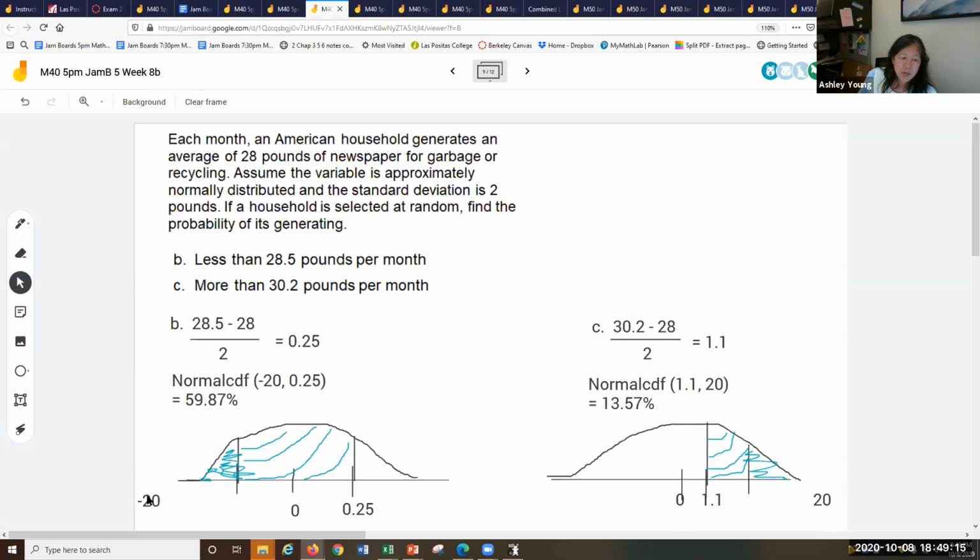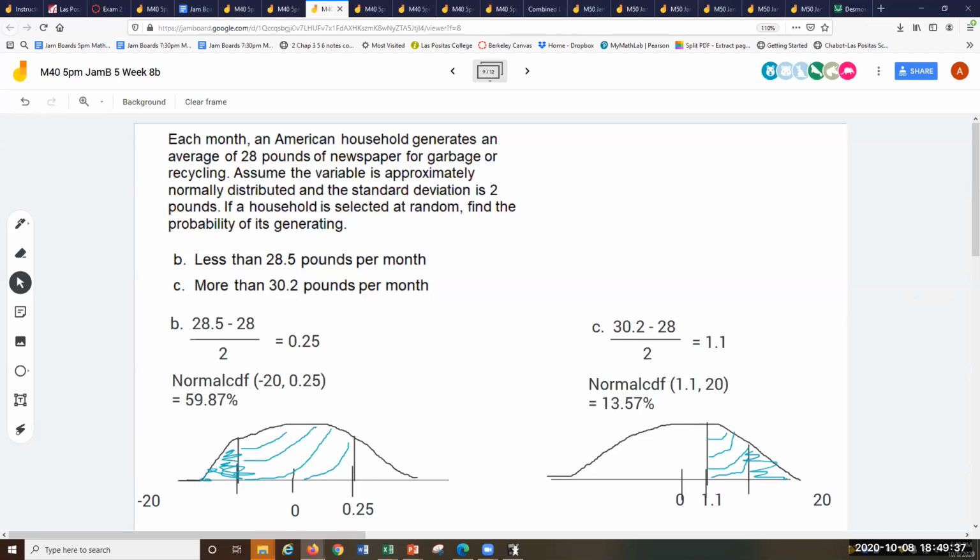So basically from negative infinity to 0.25, and that's 59.87%. And then you found the z-score for 30.2, 1.1, and you want more than, so it's more than is to the right. So it's 1.1 to positive infinity, or just 20, that's fine, 13.57%.